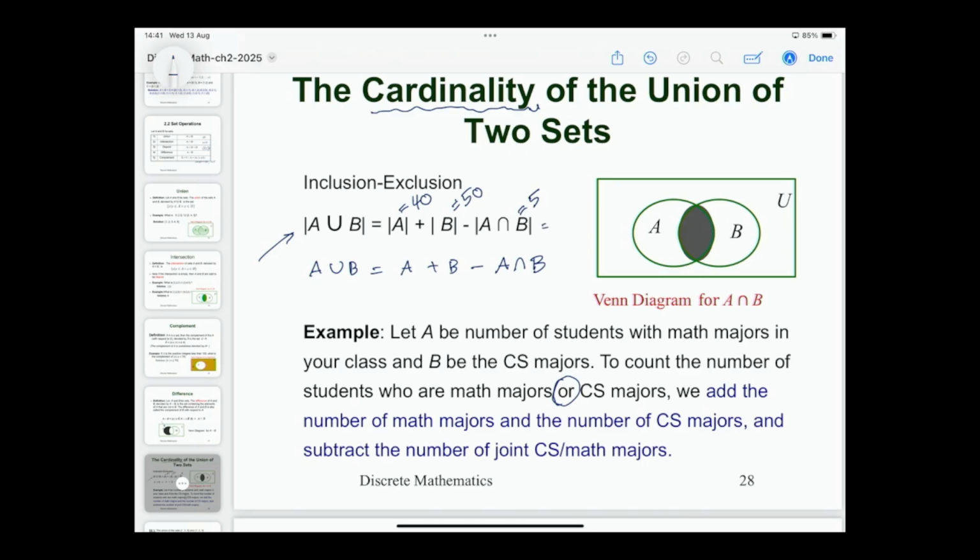So that would be 85 for A union B. That means we have 5 here, we have 35 here, we have 45 here. There are 5 students who are both math major and computer science major.